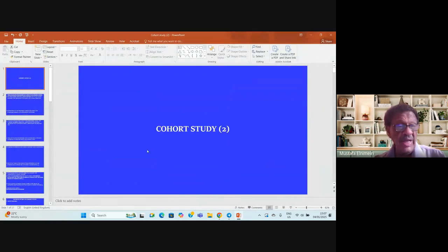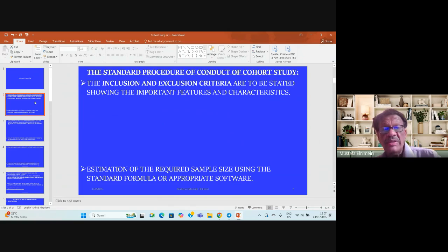And we start with talking about the standard procedure for conduct of cohort study.